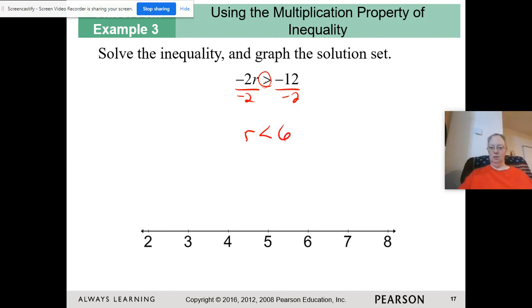The r is on the left and it's pointing to the left, so we're going to shade to the left. We do not have the equal symbol underneath, so we use parentheses. Again, it goes out to negative infinity on the left, and the shading stops at 6 on the right, parentheses on the 6, and infinity always gets parentheses.